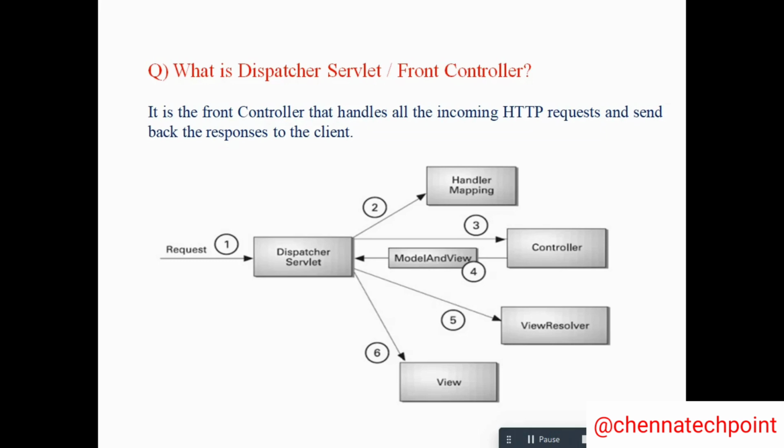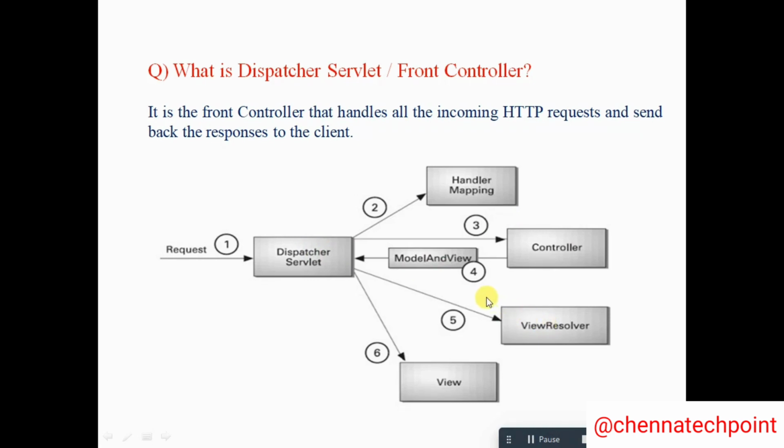Dispatcher servlet finds the appropriate controller and passes the handler execution chain to it. Controller returns the model and view back to the dispatcher servlet. Again the dispatcher sends the model and view data to the view resolver. What will the view resolver do?